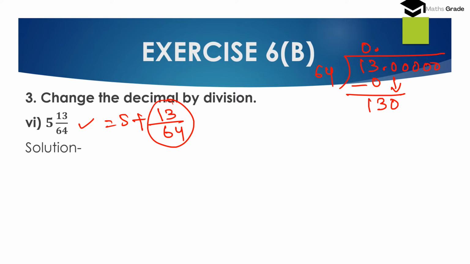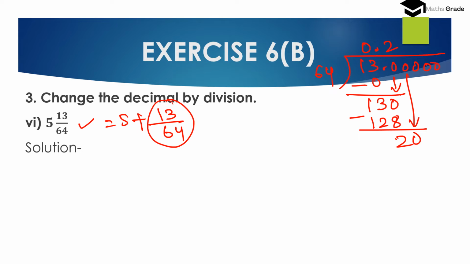Now in the table of 64, if we multiply 64 with 3, 3 6s are 18, which is more than 130, so we have to multiply 64 with 2. 64 multiplied with 2 is 128. Now 130 minus 128 is 2. Now write this 0 here. We cannot multiply 64 with 1, because it will be 64, which is more than 20.